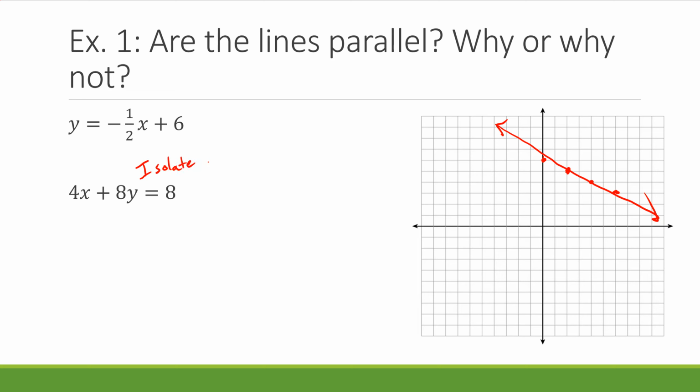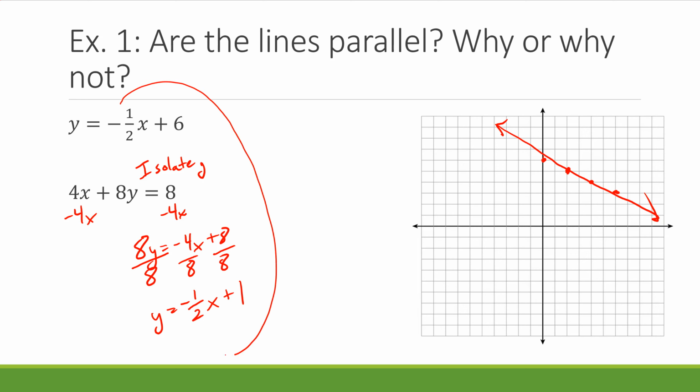And to isolate y here, I'm going to subtract 4x. So I have 8y equals negative 4x plus 8. Now I can divide through by 8. So I get y equals, let's see, this fraction reduces to negative 1/2 x, and then 8 over 8 is 1.